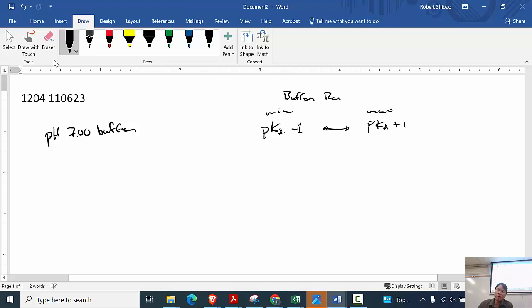And do you recall why this is the buffer range? I had mentioned it, but maybe you didn't catch it. It's called the buffer range because if we want to keep the base to acid ratio as close to what as possible?